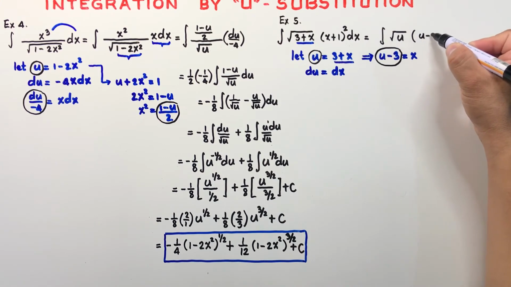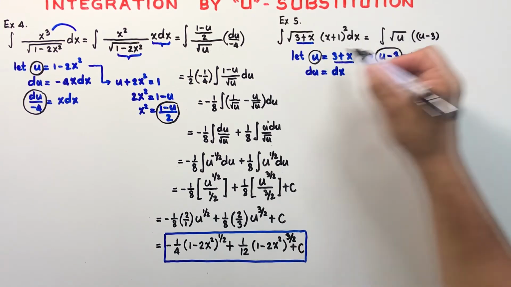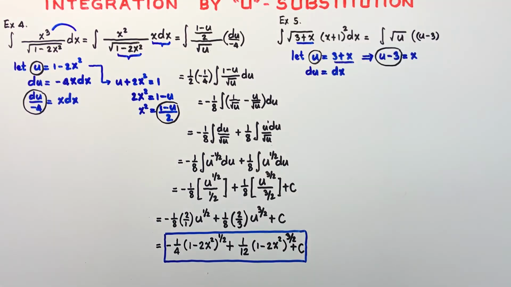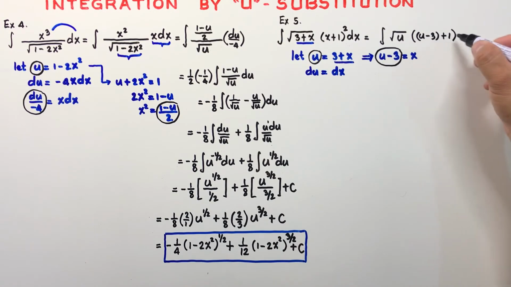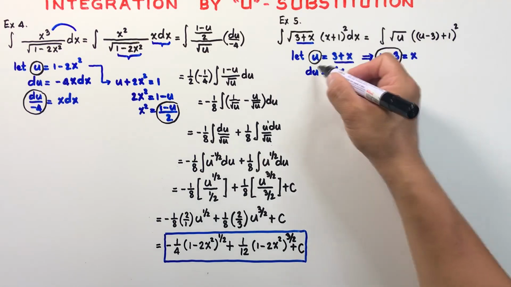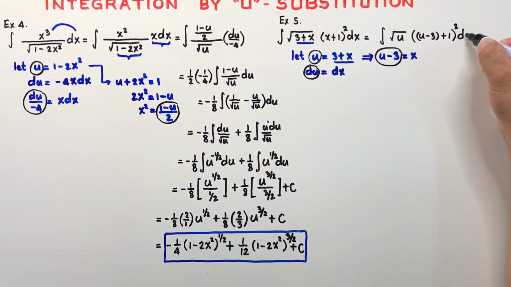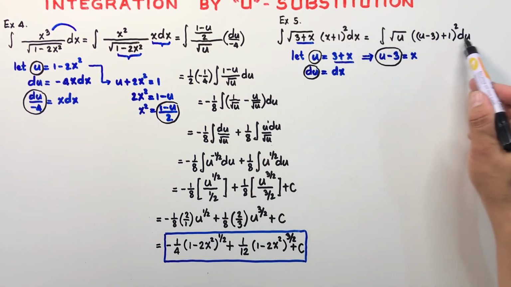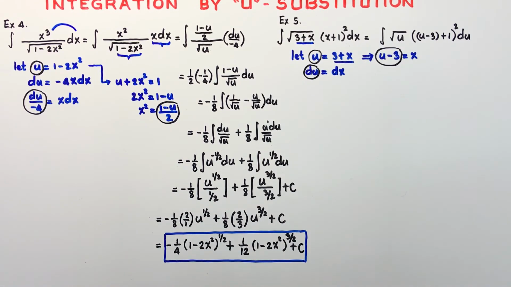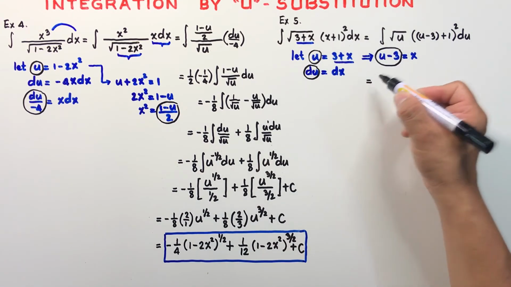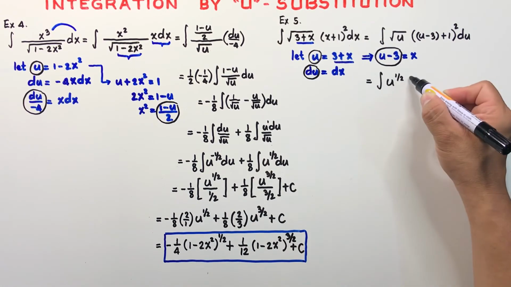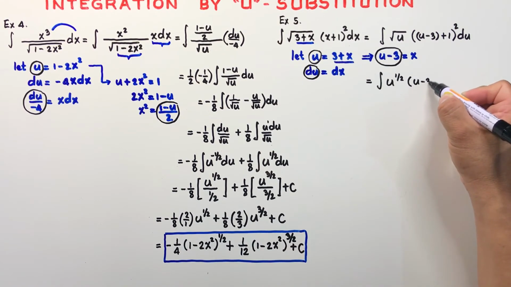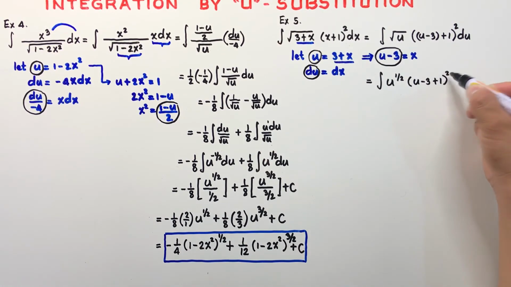So this is u minus 3 for this x alone. But we still have a 1 here, so that the expression is raised to the exponent of 2. And the dx is our du here. Now that our integrand are all in terms of u, we can simplify that one as the integral of u to the power 1/2 times u minus 3 plus 1 to the power of 2 du.